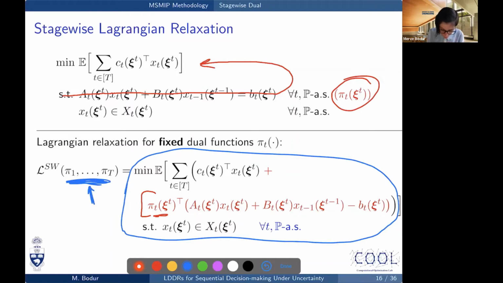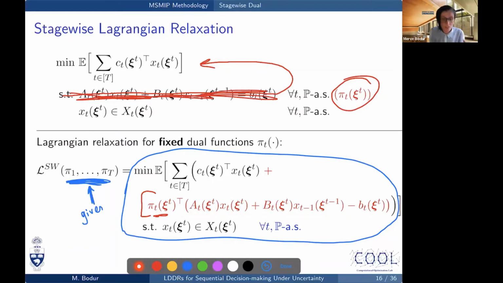But before I move on to the next slide, I would like to highlight one thing about the solvability of this Lagrangian relaxation problem. Suppose I'm given those multipliers and I'm trying to find the lower bound by solving this problem. One good thing is that once we move these constraints to the objective, we've broken the link between the decision stages.